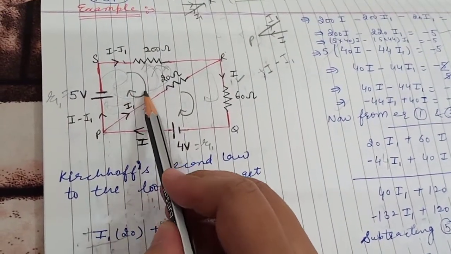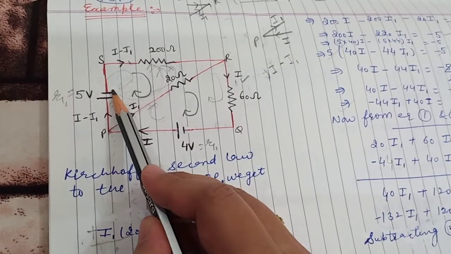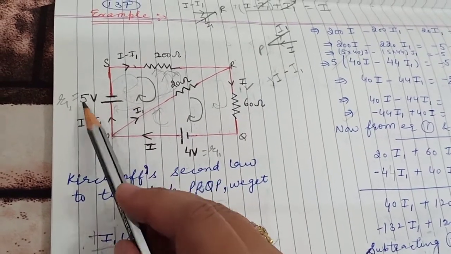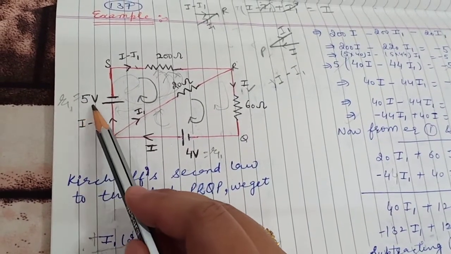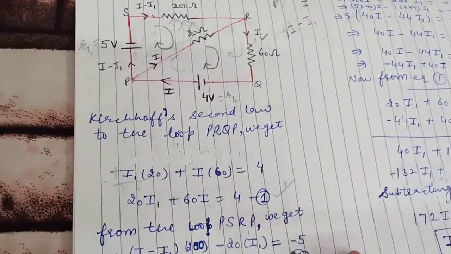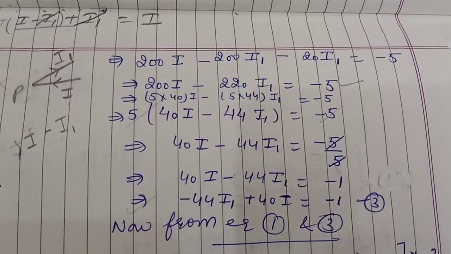The direction of traversal is going from the positive to the negative terminal of this cell, so the EMF takes negative sign. Take this equation number 2.